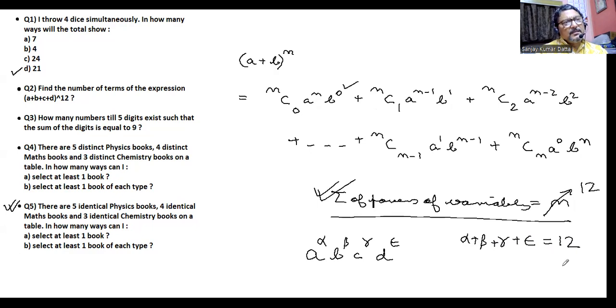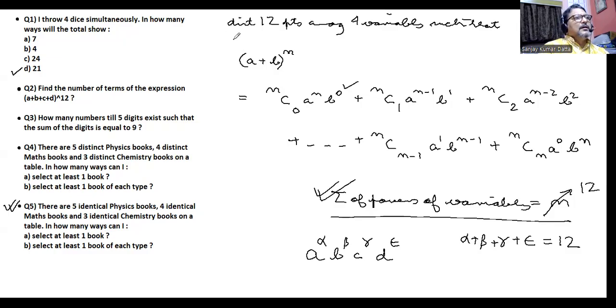Yes or no? So what does this sum reduce to? You distribute 12 points among 4 variables such that a variable may not get a point.